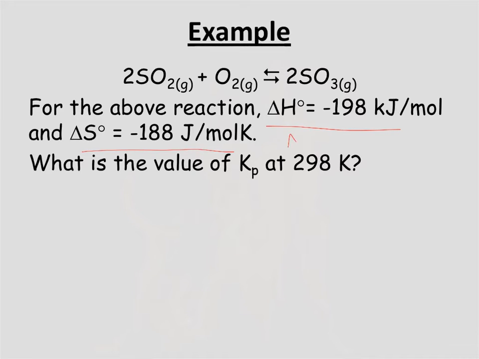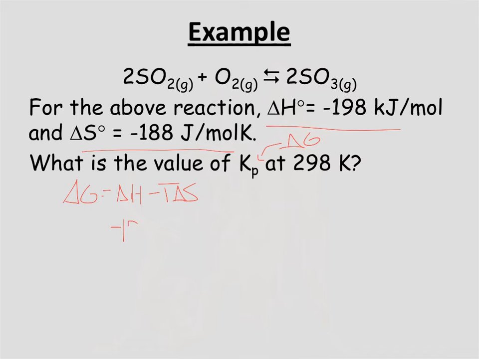We can use those to find delta G, and then there is an equation that relates delta G to K. So first things first, we need to find delta G. So we have delta G equals delta H minus T delta S. We're going to put all these numbers in joules because that's what delta G needs to be when it goes into the equation to find the equilibrium constant. So I'm just going to get everything to joules.